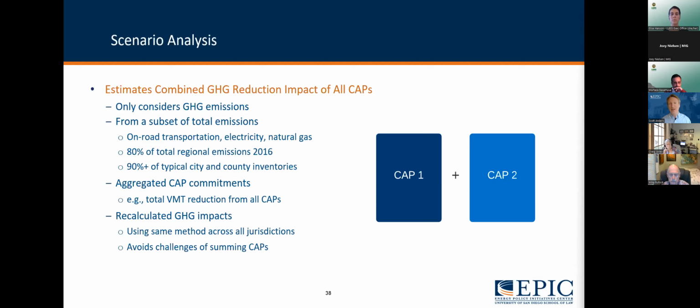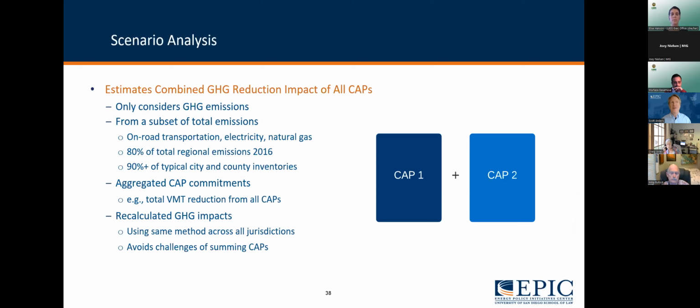And just to say a little bit more about this analysis, it only considers greenhouse gas emissions. In the other analysis, we looked at many other factors. So we're only looking at emissions in this scenario analysis, and it's only a subset of emissions. I saw some comments in the chat about methane and some other gases.